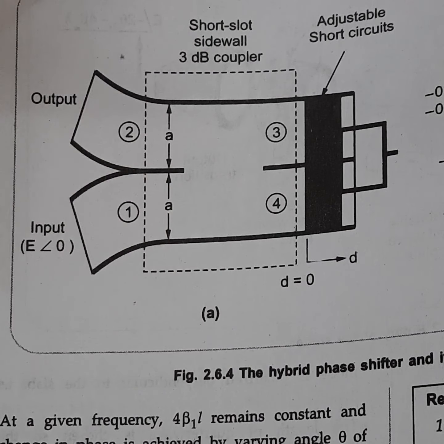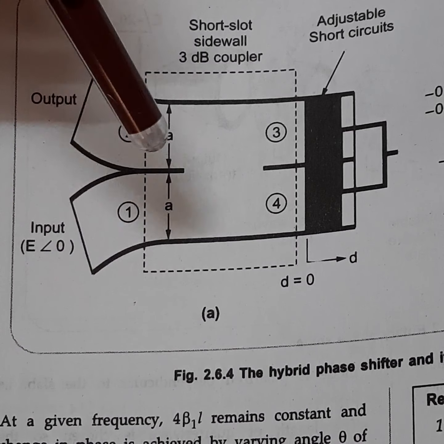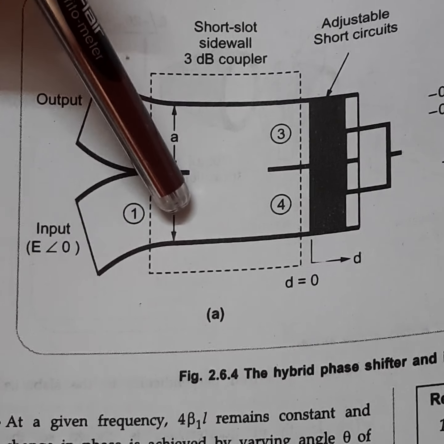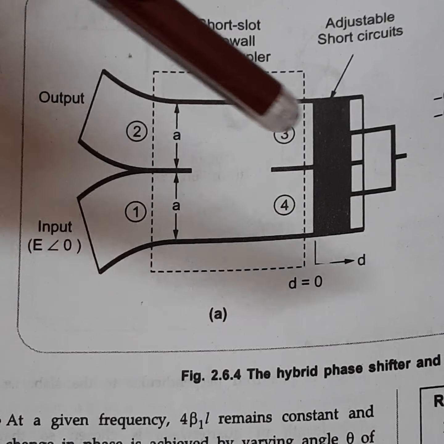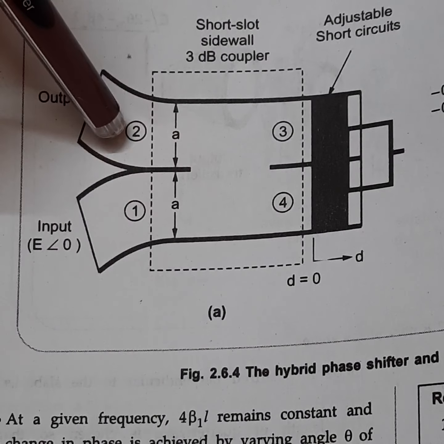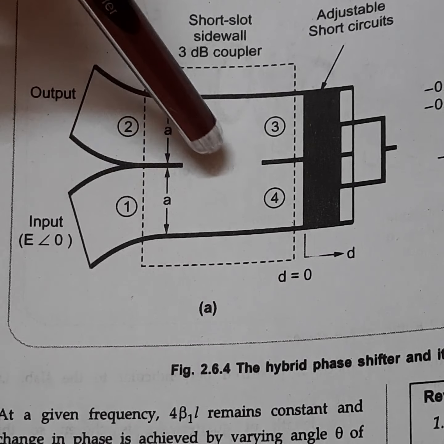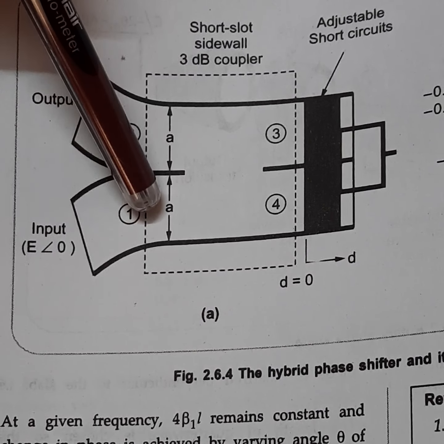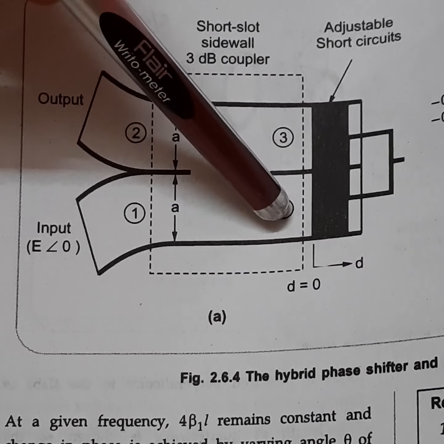The power entering at port 1 splits equally between port 3 and 4 with no power delivered to port 2. So port 2 is not allowed to consume the power. Whatever input we give here is equally split into port 3 and port 4.